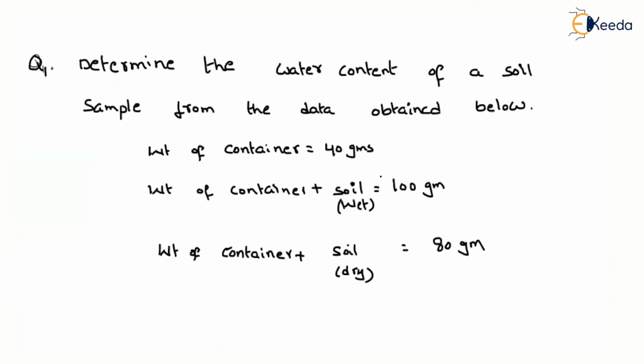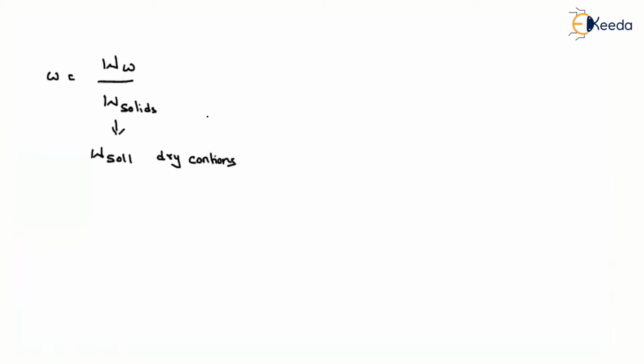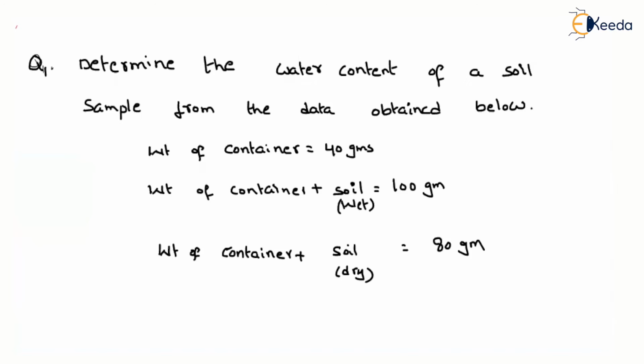Now see the given data. First I want to find out the weight of the water. How can I find it? See here, the weight of the container plus wet soil and the weight of the container plus dry soil. If I subtract one from the other, we'll get the amount of water present in the soil sample. So the weight of water is the wet sample, 100 grams, minus the dry sample, 80 grams, divided by the weight of the solids.